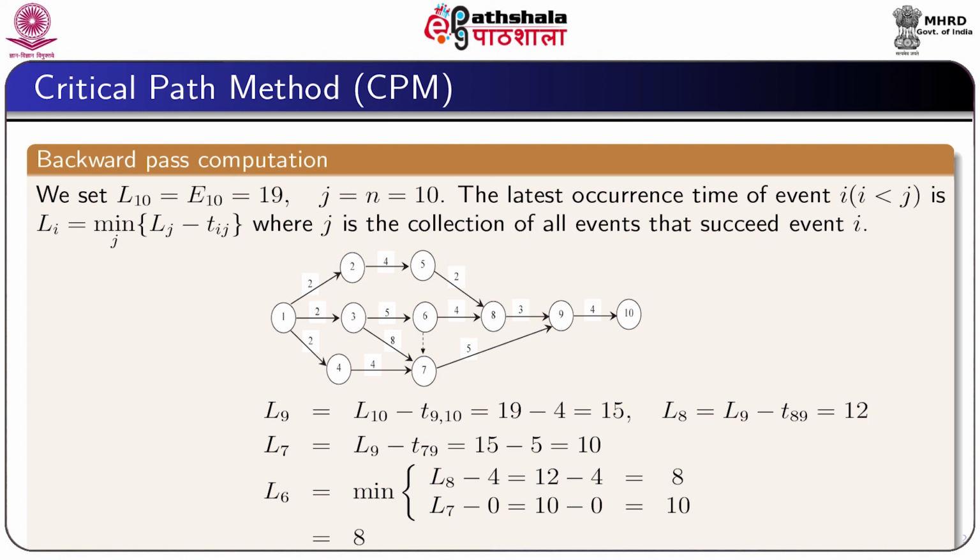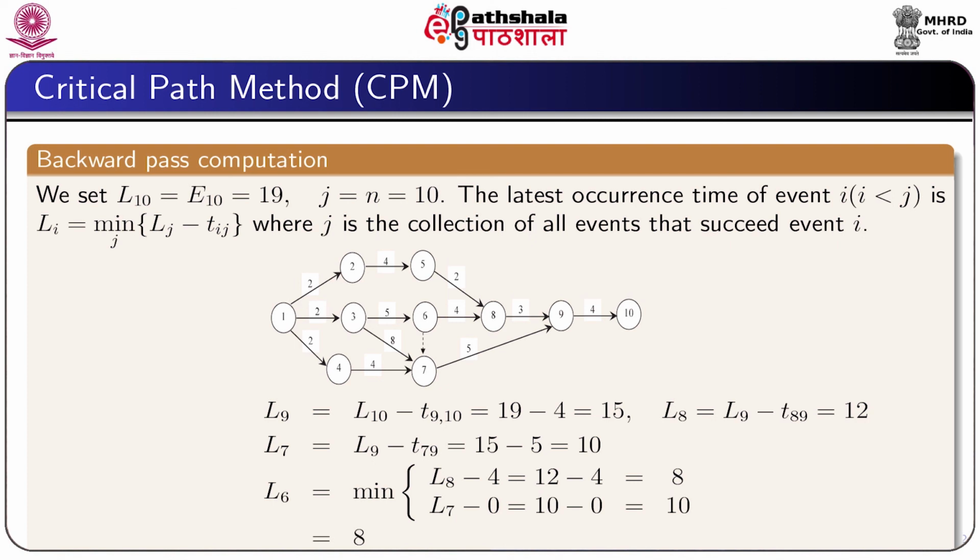Following this rule, we can straightforwardly calculate L9 equal to L10 minus T9,10, which is equal to 15, L8 is equal to 12, L7 is equal to 10.